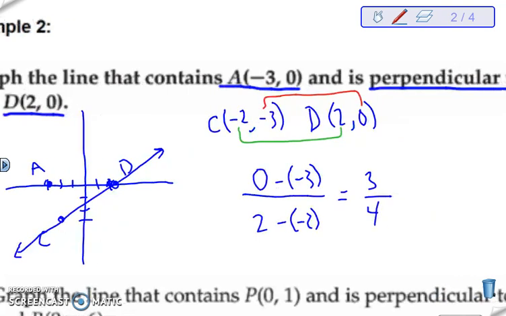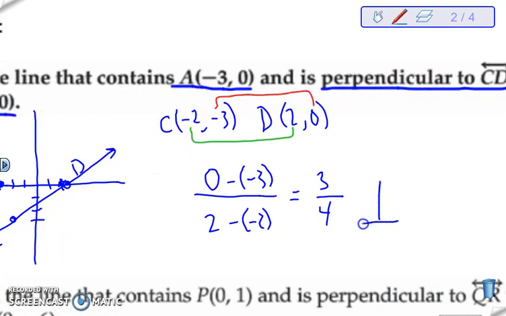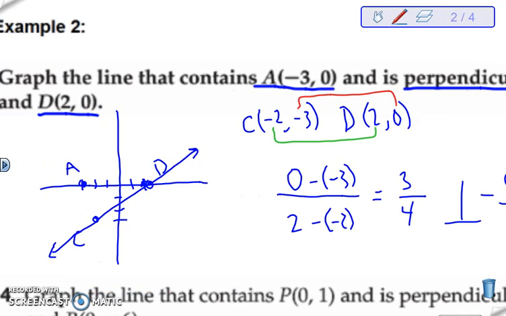And if I want a perpendicular slope, I'm going to flip the fraction, put a negative. So, let's go back to our graph. The slope of the second line must be negative 4/3. So that means I'm going to start at point A. I'm going to go down 4 and over 3.